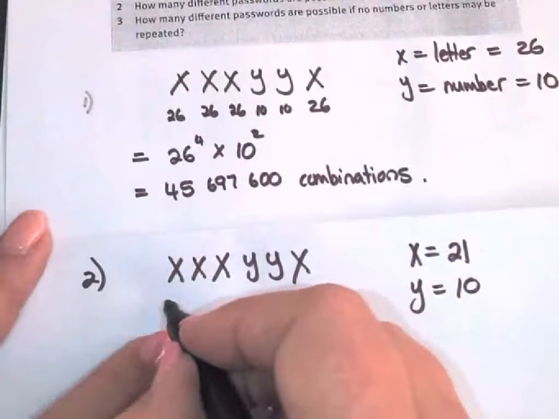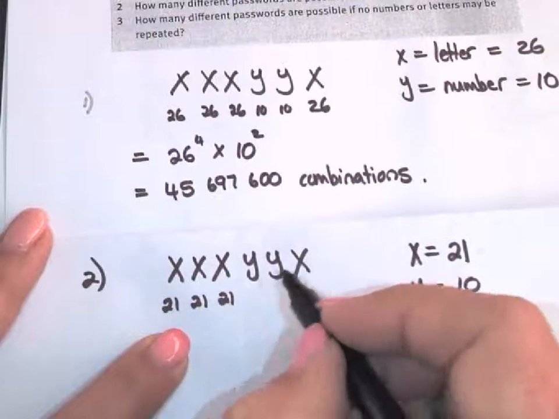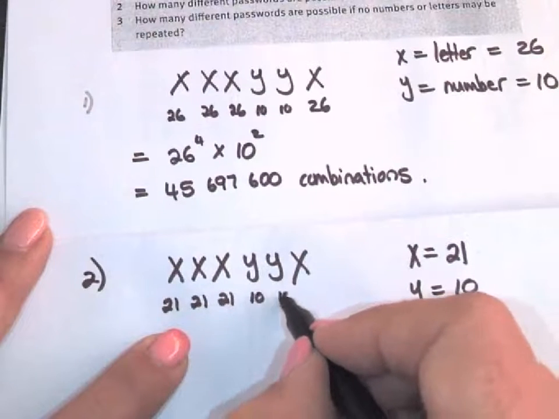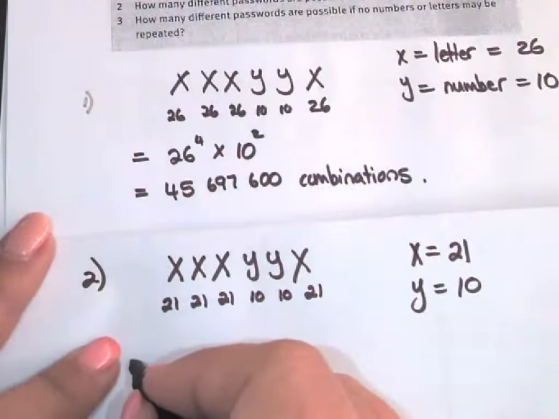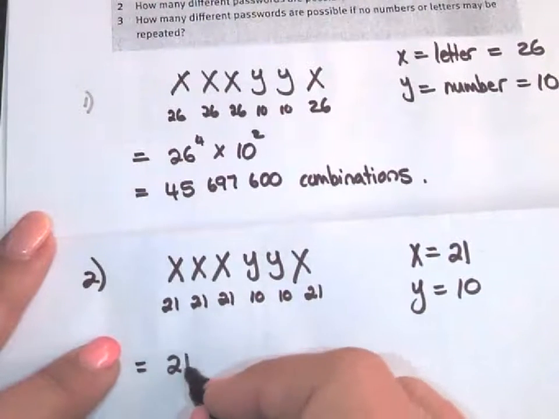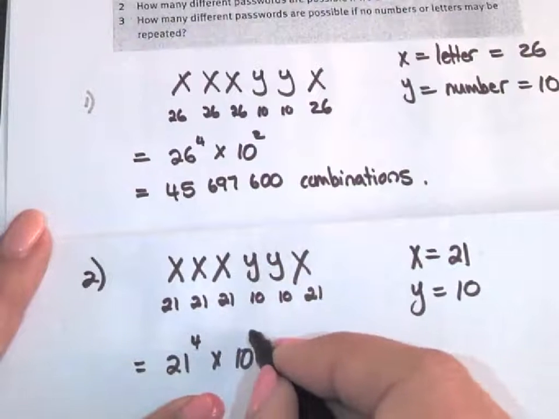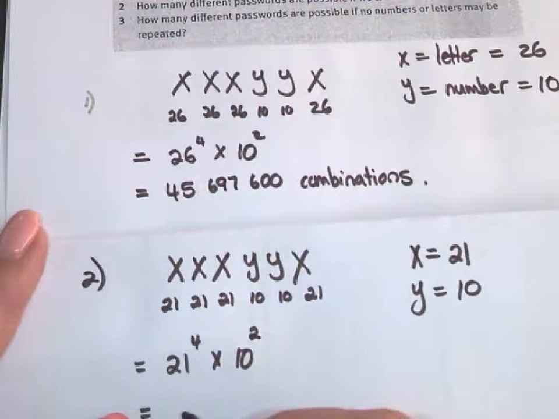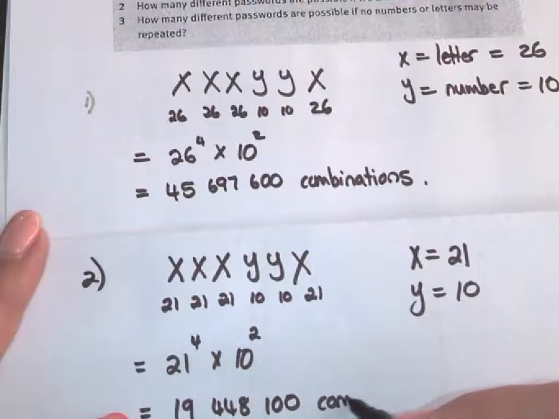So in the place of x, it's 21, 21, 21, 10, 10, 21. If you multiply everything, it will be 21 to the power of 4 times 10 to the power of 2, and we get 1,944,810 possible combinations.